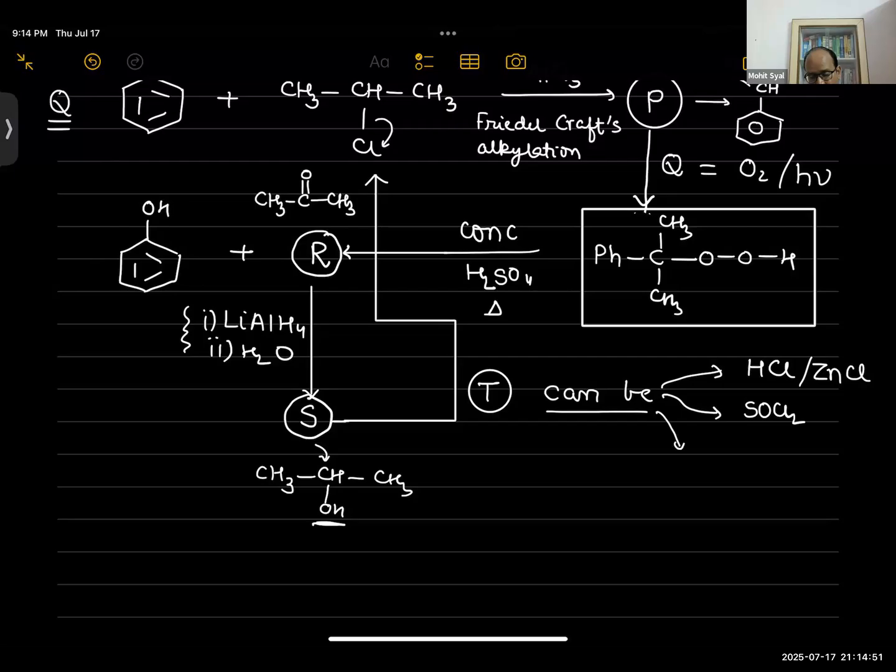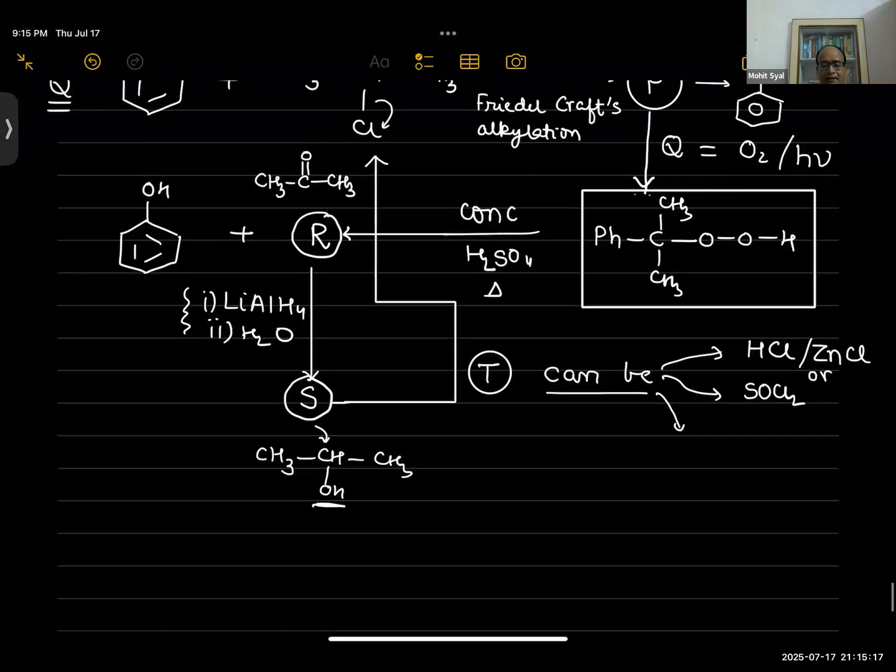Next is, I'm putting "or", you can use any one of them. Okay, you can use SOCl2. There were two other reagents. You know them. They had phosphorus in them, that's the hint.